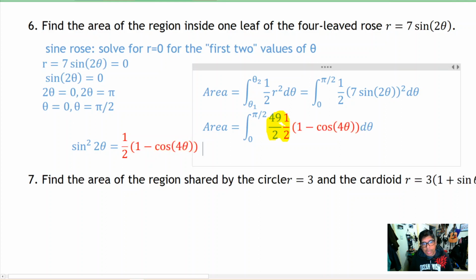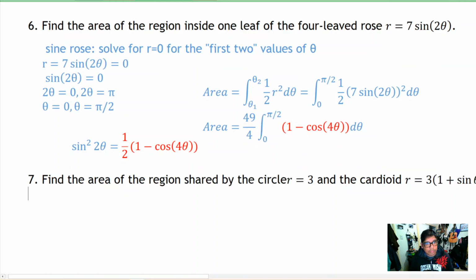Now we have 49 over 2 multiplied by 1/2, which we can simplify as 49 over 4, which doesn't have to be in our integrand. So that's a pretty good simplification here. Let's integrate.